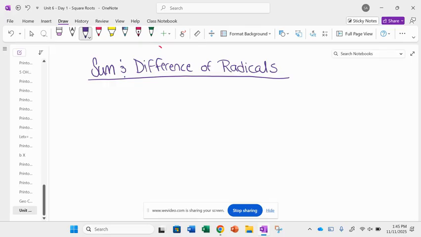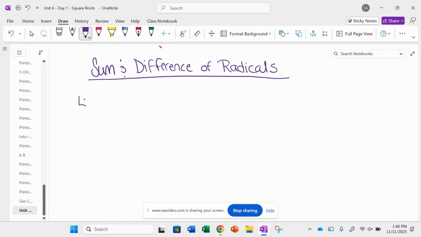When we're adding and subtracting radicals, it's very similar to adding and subtracting variables. If I have a 4x plus a 3w, can I add those together? No, because they're not considered like terms because their variables are different. It's the same idea with radicals. If the radicand's not the same, we cannot add them.